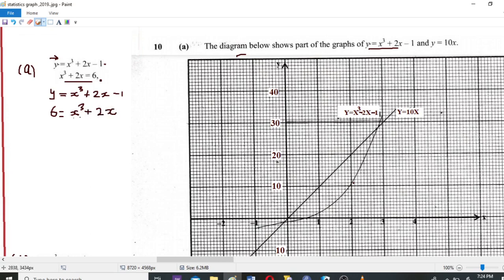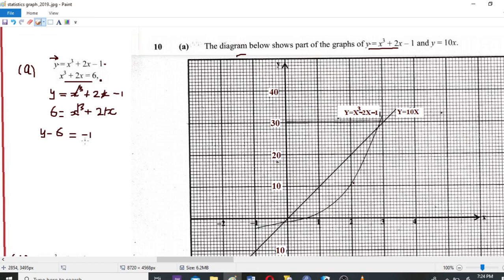So when you start subtracting, you are going to get y minus x. Again, when you subtract, x cubed minus x cubed, you get 0, 2x minus 2x, 0. Again, you are going to have minus 1. So we have equal sign here, and this side we are having negative 1. So this is what we are getting.